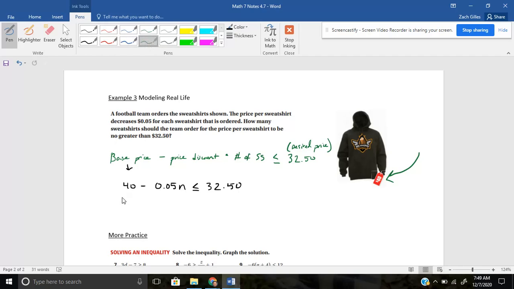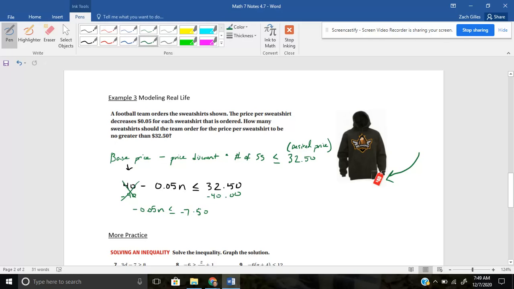Okay, so I would subtract 40 on both sides. 40 minus 40 is 0, and I'm left with negative 0.05 n. That's that nickel that I get off of each one, is less than or equal to, let's see, I need to borrow, so negative 7.50.